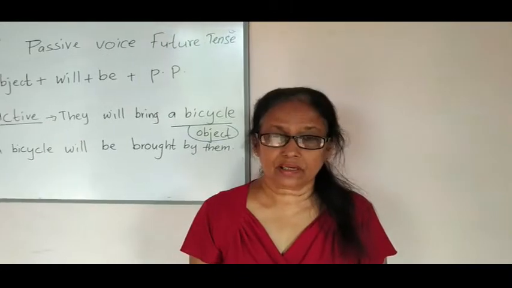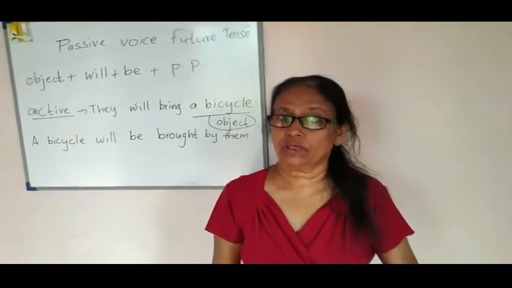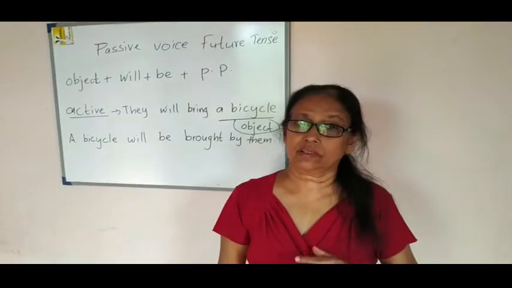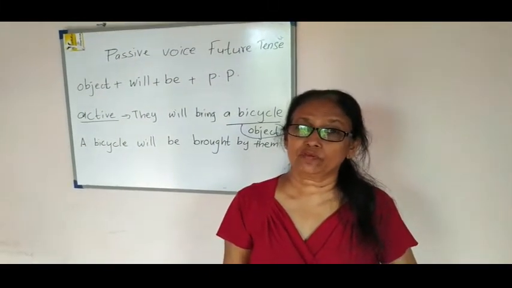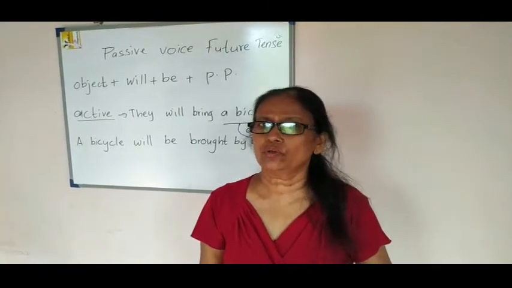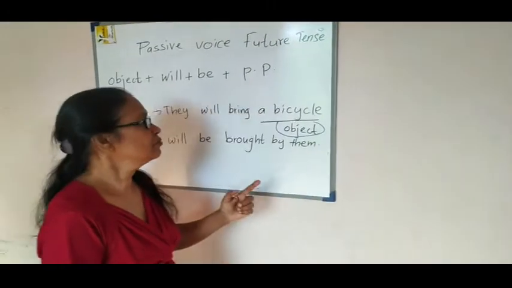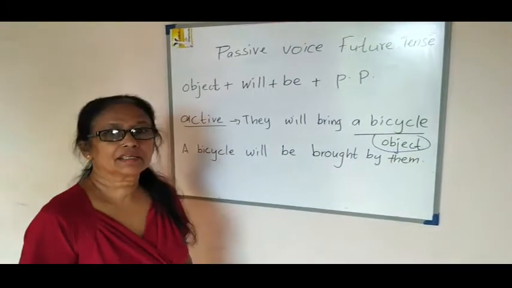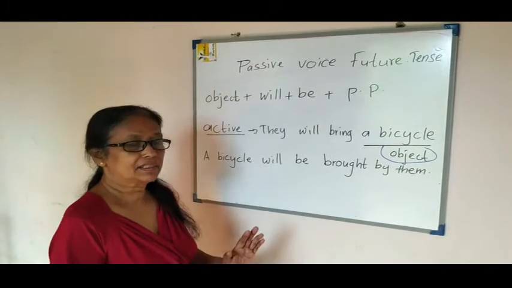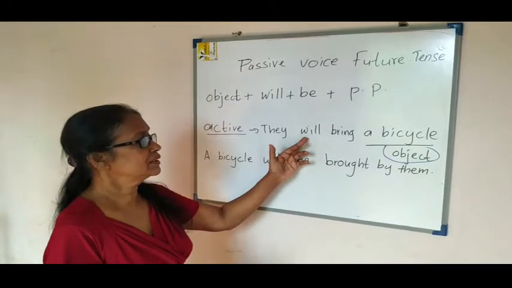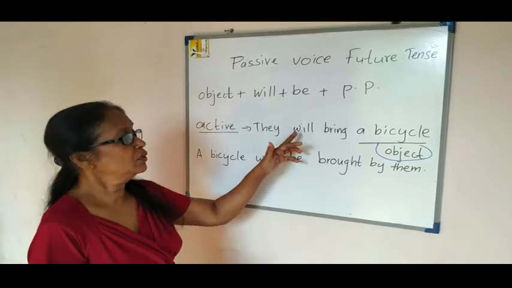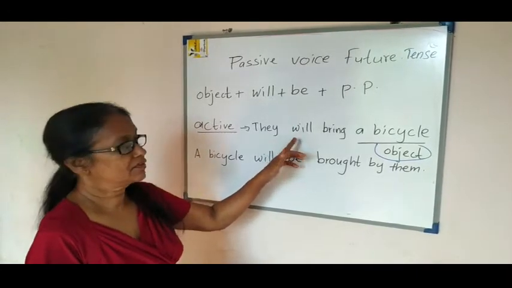My students, I should mention, when you are going to turn future sentences into passive, you need not mark whether it is present or past, because there is will, it is future tense, right?